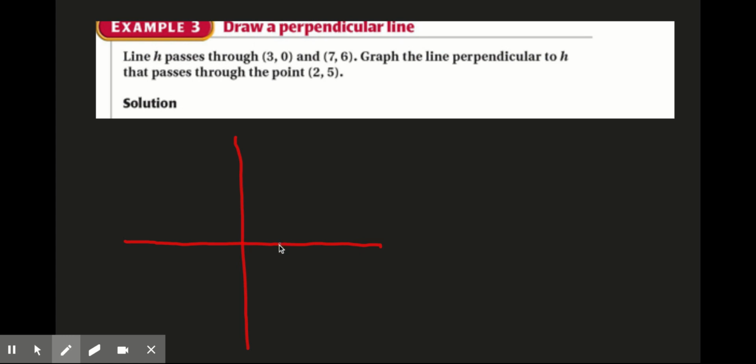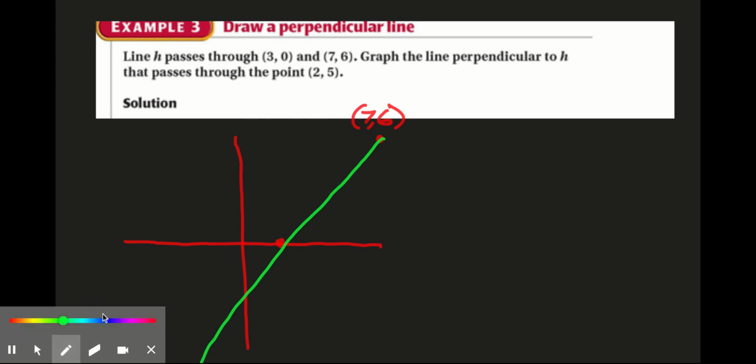So I'll make a point at 3, 0, and I'll call this 7, 6. And I've got this line, let me change my color, that goes through these points. And then I have this other point, 2, 5. Probably be around here.